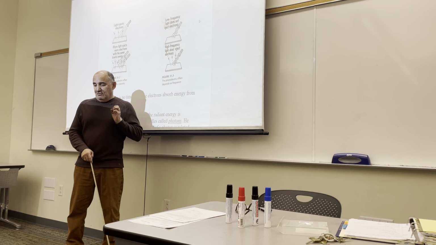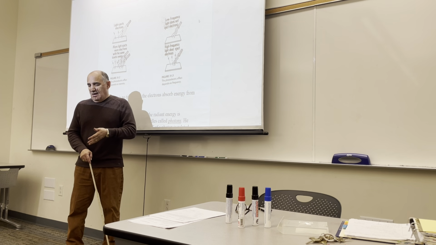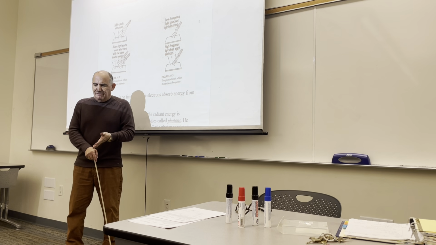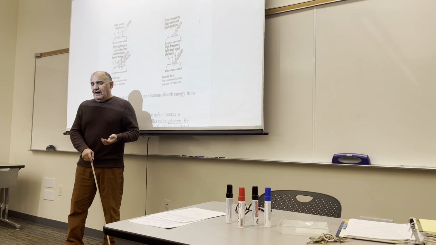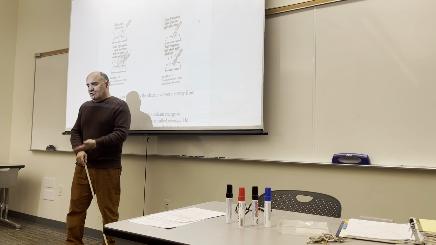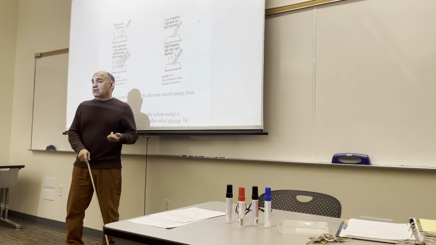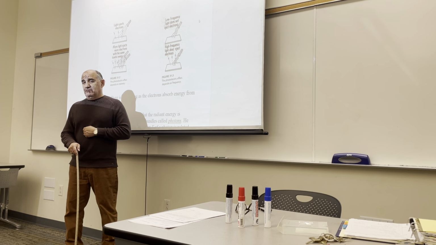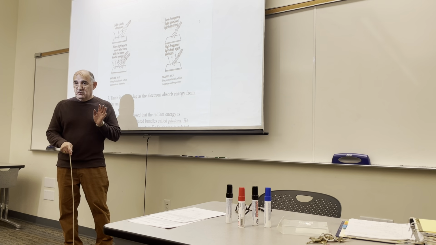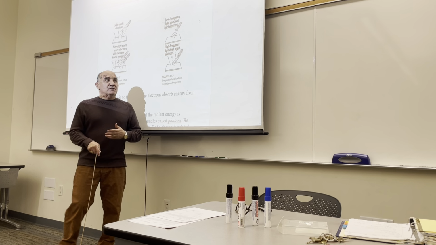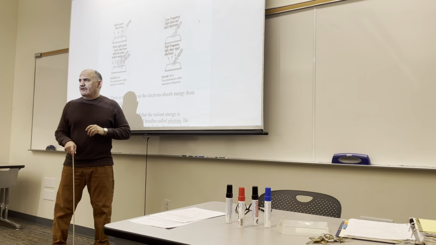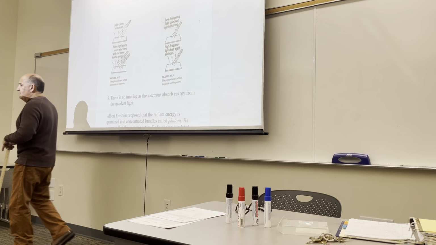They observed that increasing the intensity of the light of a particular frequency that caused electrons to come out, you still got electrons coming out, but not with more energy. What happened is that more electrons came out, as opposed to them coming out with more energy. So there was an issue with trying to explain what was going on.